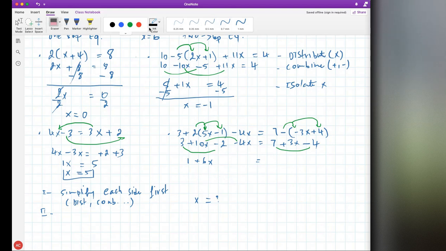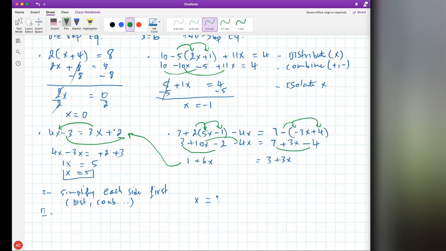Okay, so we combined these two together, and here we combined 7 and -4. So 7 and -4 is 3. Bring it down to positive 3. As you can see now, this kind of looks like that. So we have this side completely simplified.